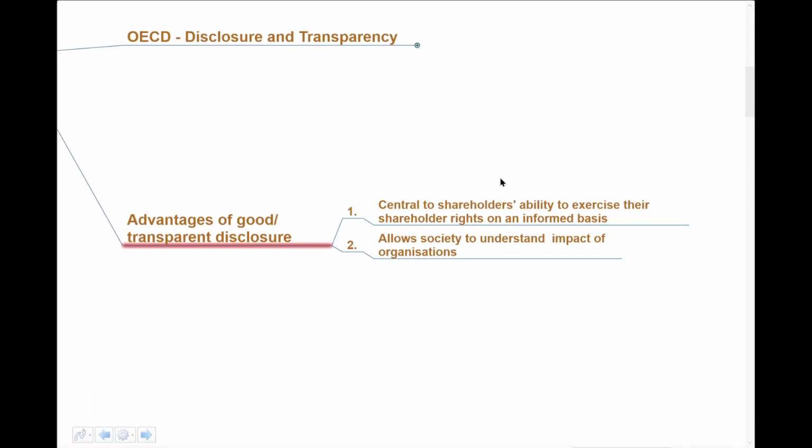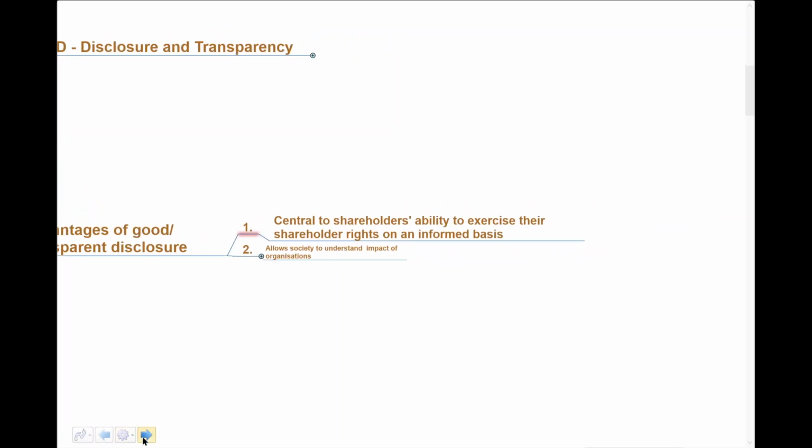The bottom line is that shareholders have rights, and they have rights to be properly informed so that they can make decisions. Leaving shareholders aside, society also has rights in order to understand an organization, what it's doing, and how that organization is affecting society and the environment.